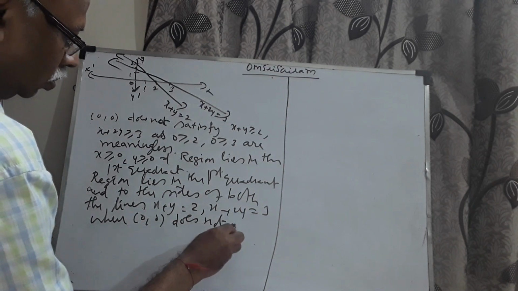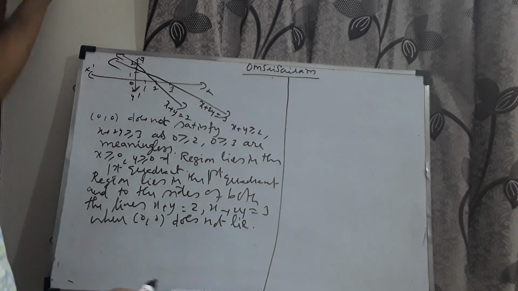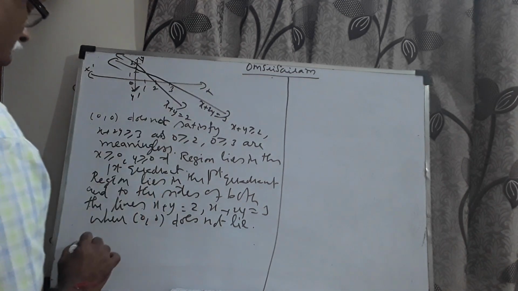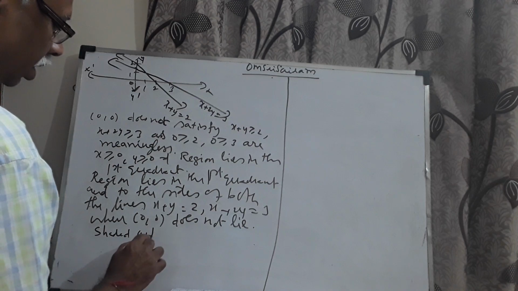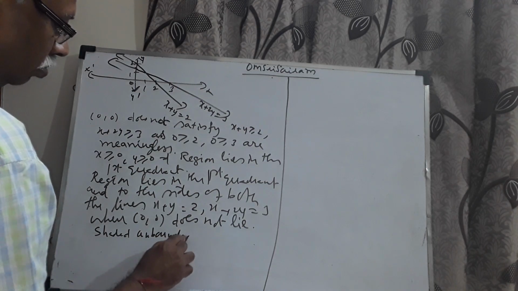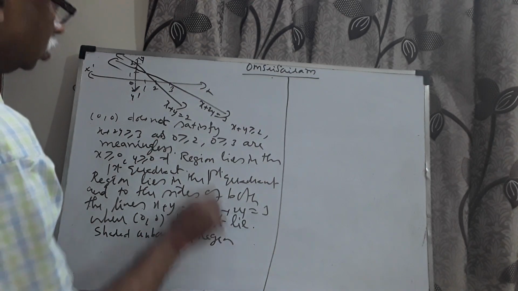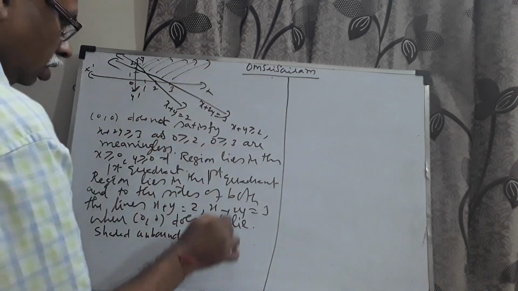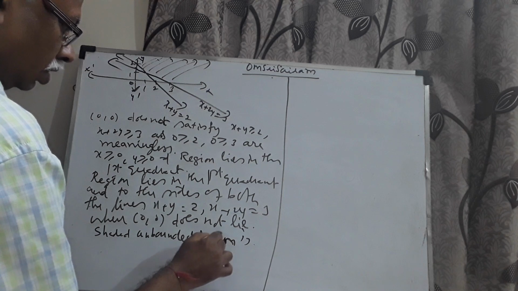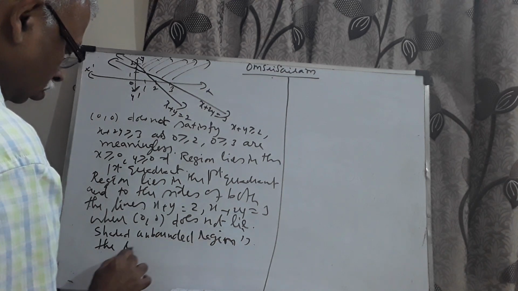If (0, 0) satisfies, it will lie to the side where (0, 0) lies. (0, 0) does not satisfy, so it will lie to the side where (0, 0) does not lie. Therefore, the shaded unbounded region is my required region.